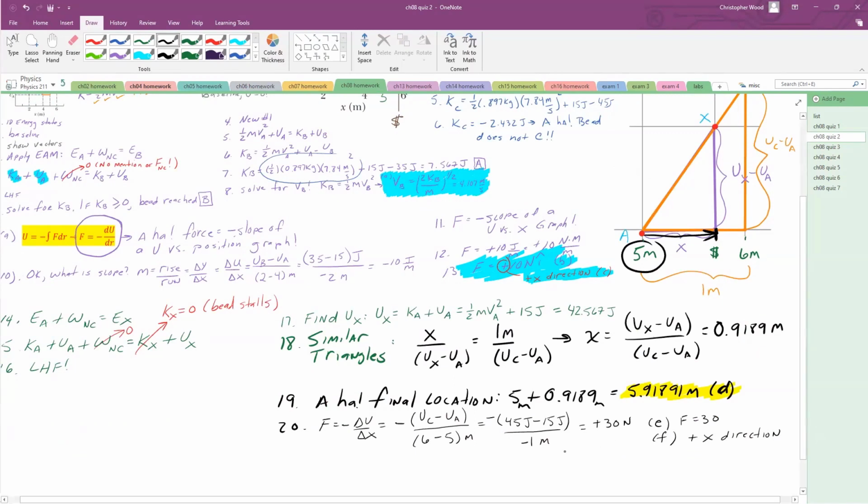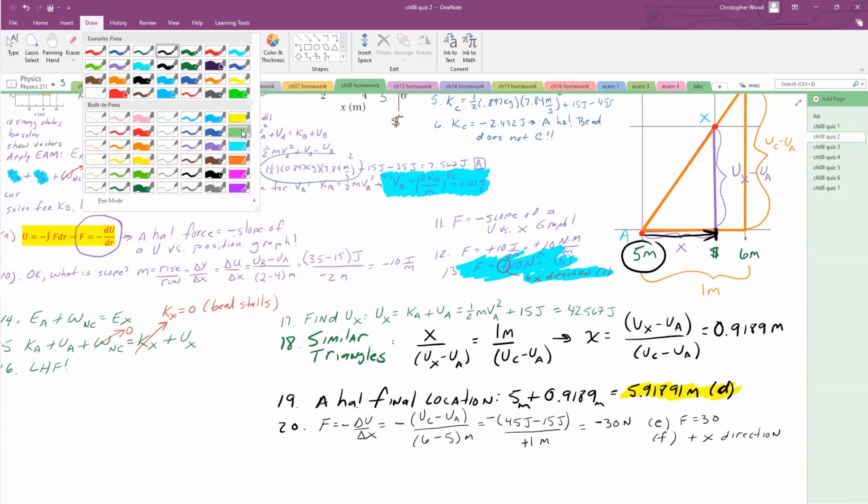It's not -1, it's +1. Yeah, you're right. Thank you, Ty. That is correct. Very helpful. So it's not positive 30 newtons, it's negative 30 newtons. But the magnitude is indeed 30.